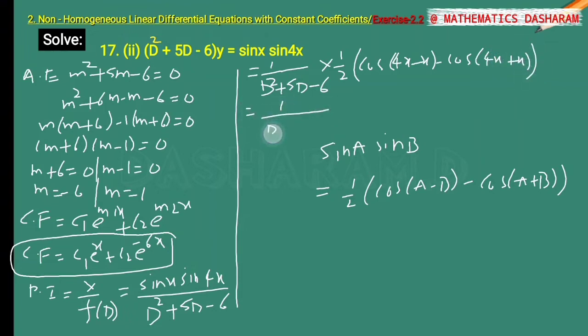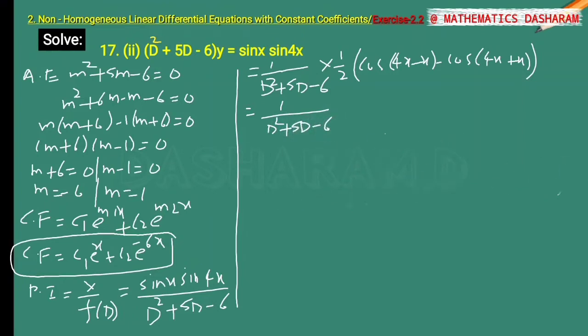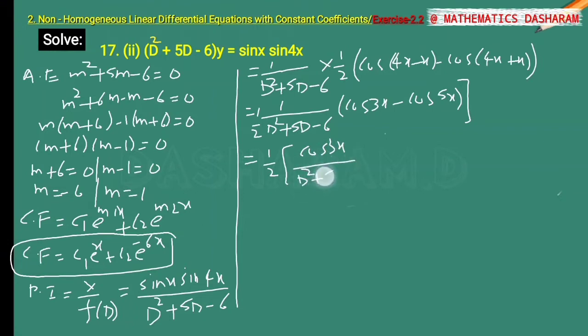So here 1/2. So 4x - x is 3x, and 4x + x is 5x. So 1/2 [split into two fractions, cos 3x/(D² + 5D - 6) minus cos 5x/(D² + 5D - 6)].